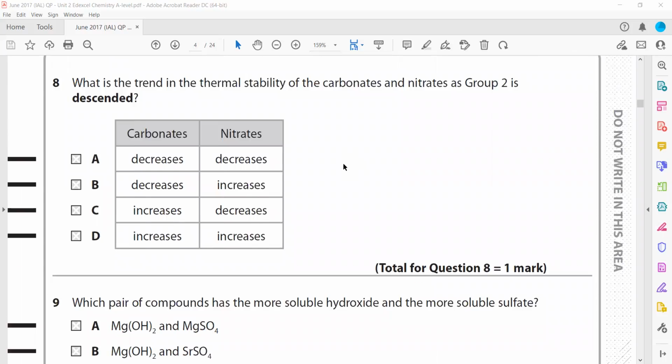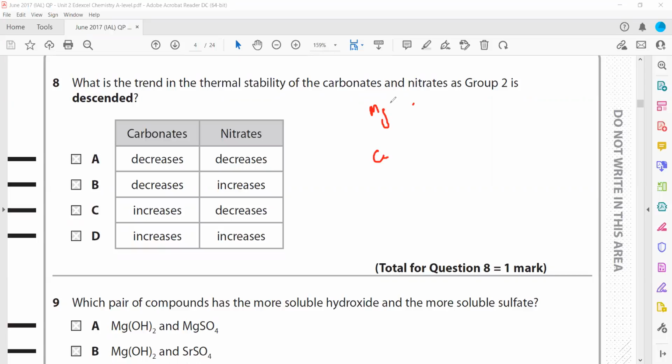What is the trend in thermal stability of carbonates and nitrates as group 2 is descended? Whenever we go down the group, the thermal stability will increase, whether nitrate, carbonate or hydroxide. What is the reason for that? For example, say we have magnesium, then calcium.